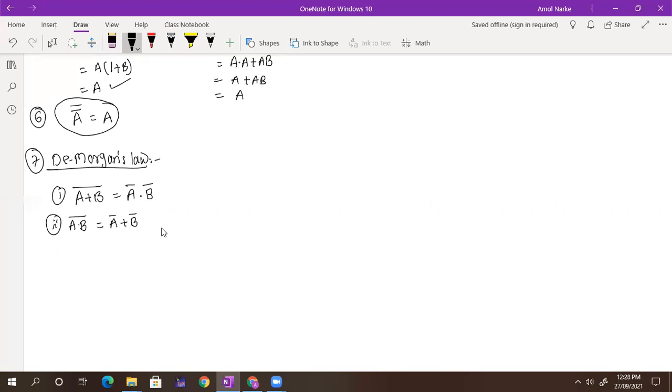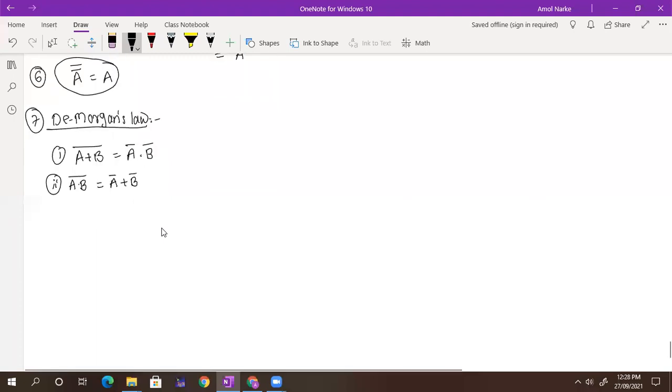Now let's try to solve the examples. This is one example. Can you simplify that? AB plus A bar C is equal to A plus C and A bar plus B. Whether this statement is true.